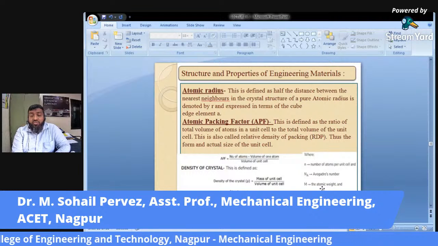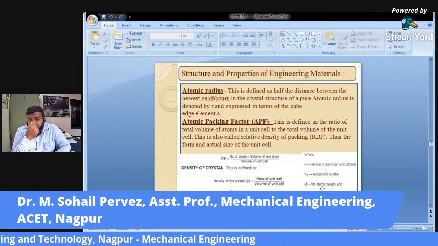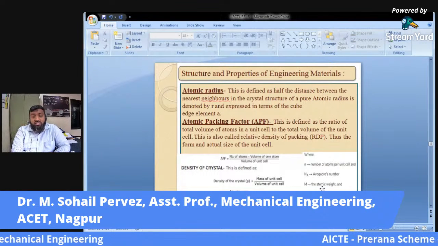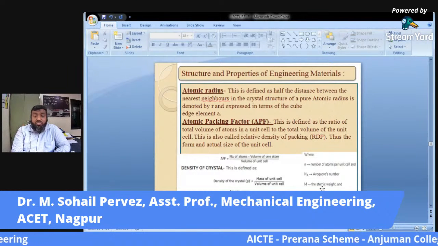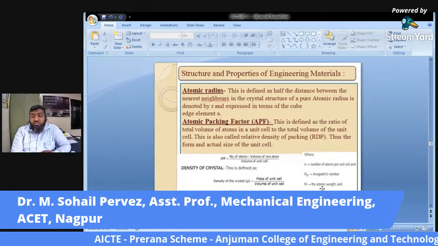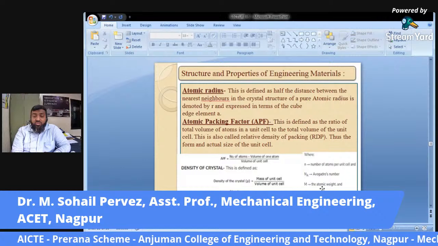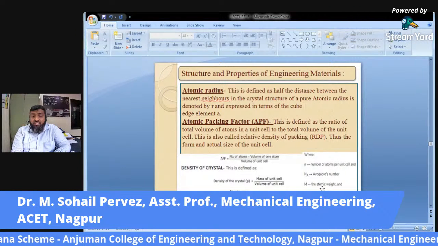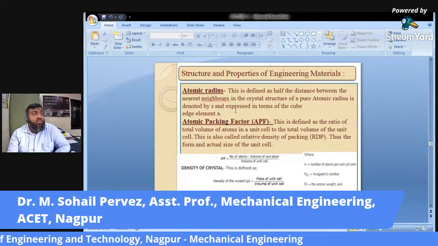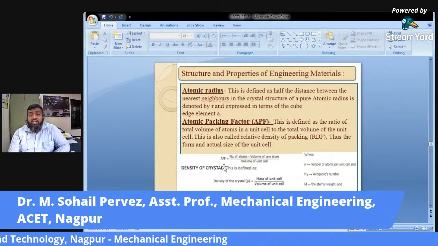Now, when we say mass of unit cell, it is nothing but atomic mass upon Avogadro number into number of atoms per unit cell. So this is mass of unit cell, where n is the number of atoms per unit cell, Na the Avogadro number, M the atomic weight, and A the side of the cubic unit, this side which we have discussed regarding atomic radius.